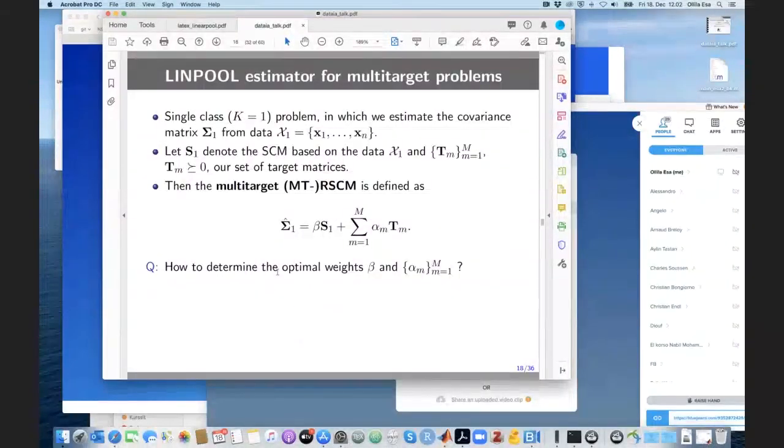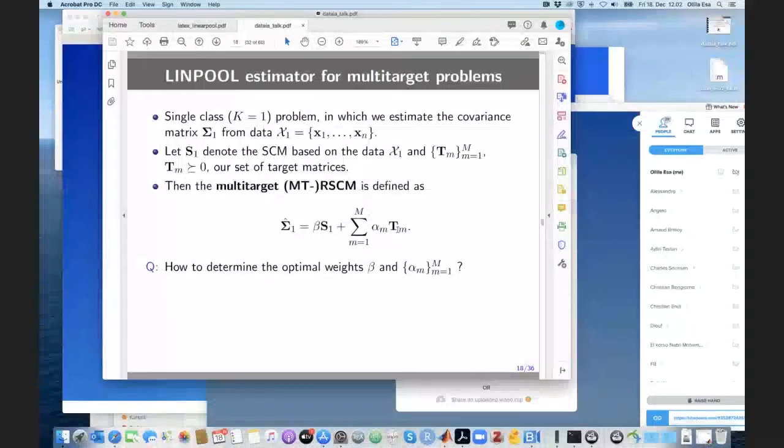So if we have a single class covariance matrix estimation problem, and a set of target matrices that are positive semi-definite, we can look at a multi-target regularized sample covariance matrix estimator. This would be just a linear combination of the sample covariance matrix itself and these target matrices.